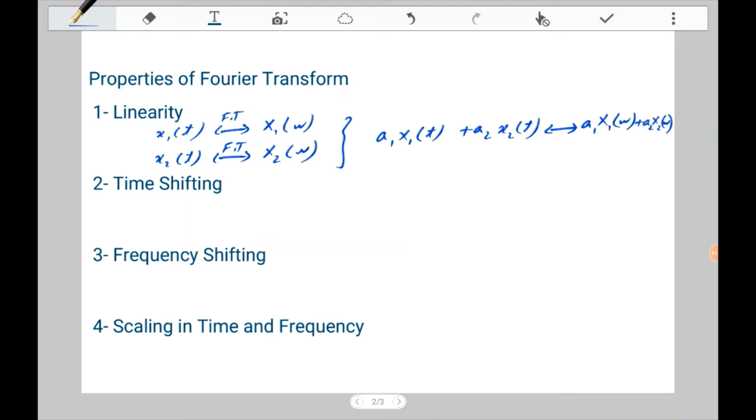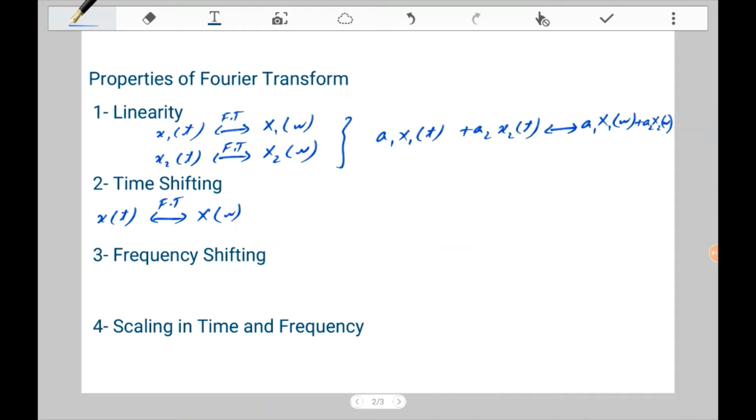The second property is time shifting. If we shift a signal in time, it will impact the signal in frequency domain. So let's say we have a signal x of t whose Fourier transform is X of omega.